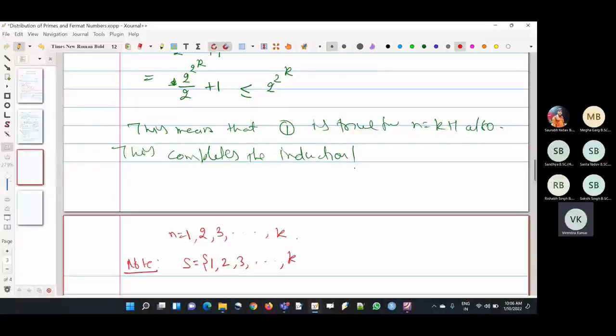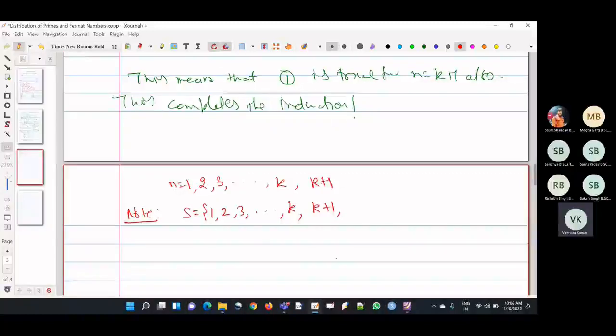Fine. And then we proved what? The result is also true for k plus 1. So we are continually keeping those numbers for which the result is true in this set, the set S, okay?